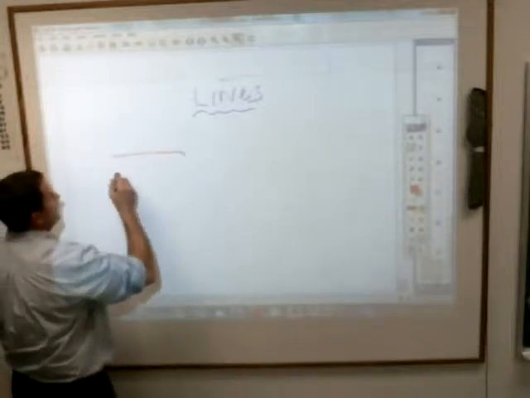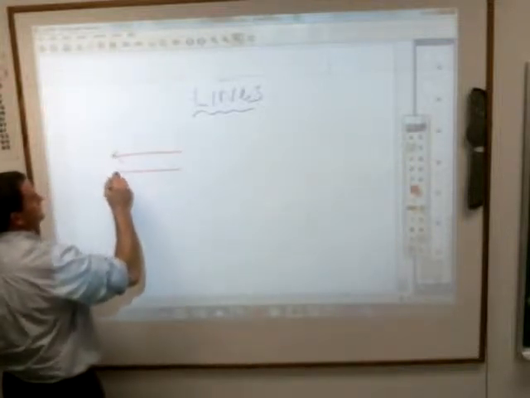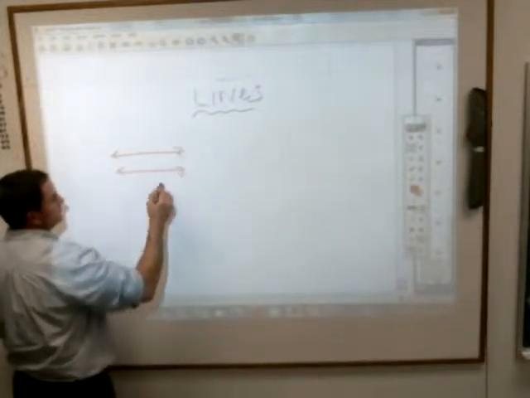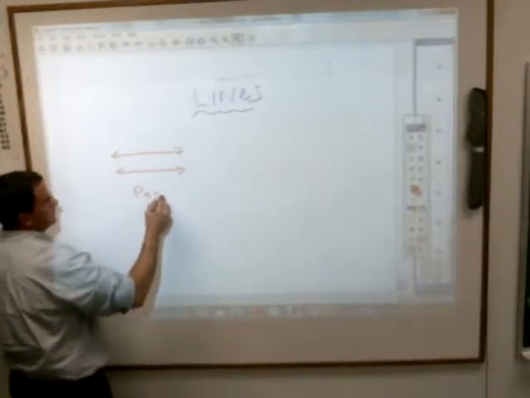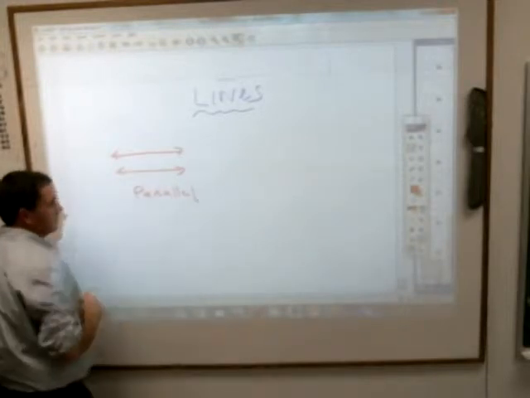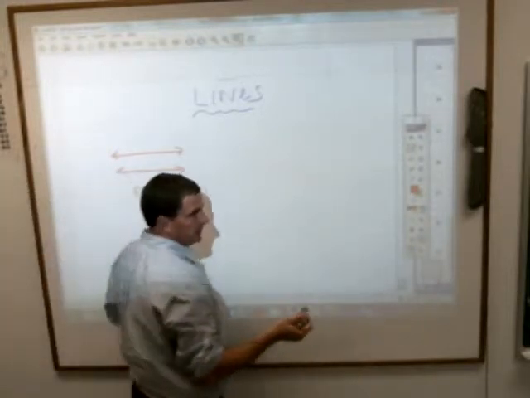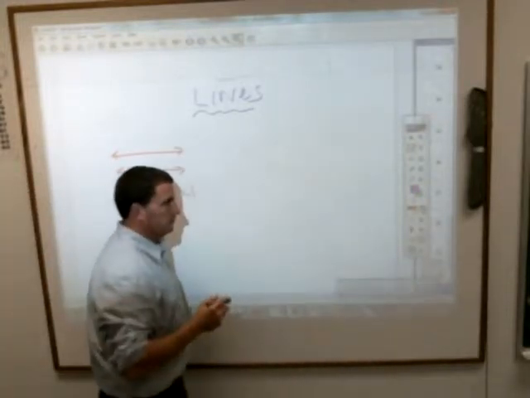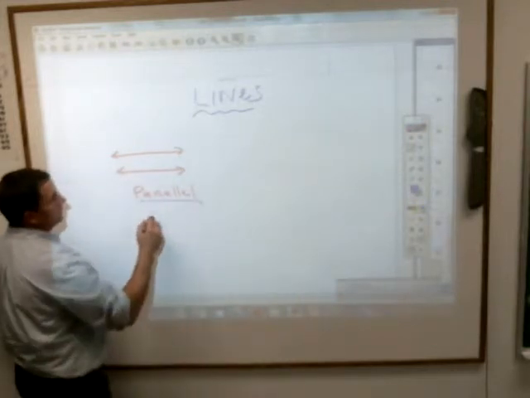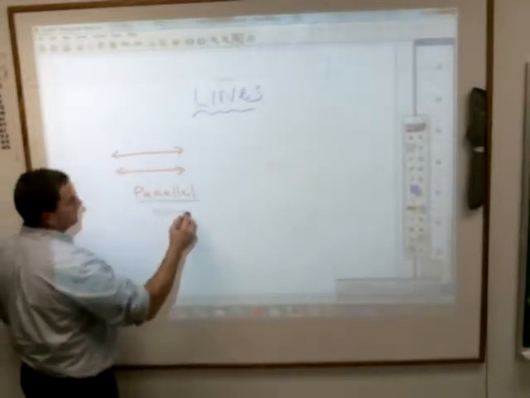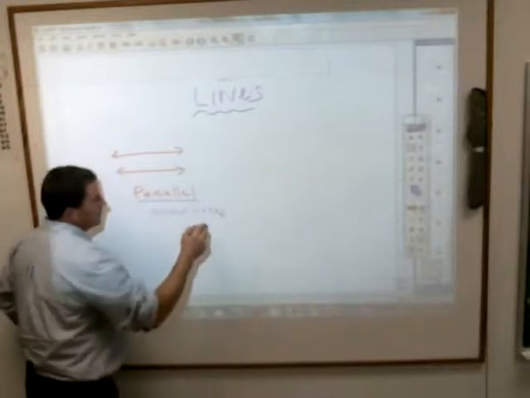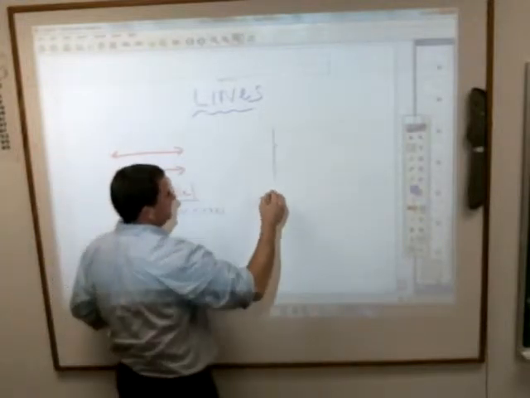Make sure you understand the difference between parallel lines. Parallel lines would be lines that what, Alex? They never cross. Thank you. Perpendicular lines.